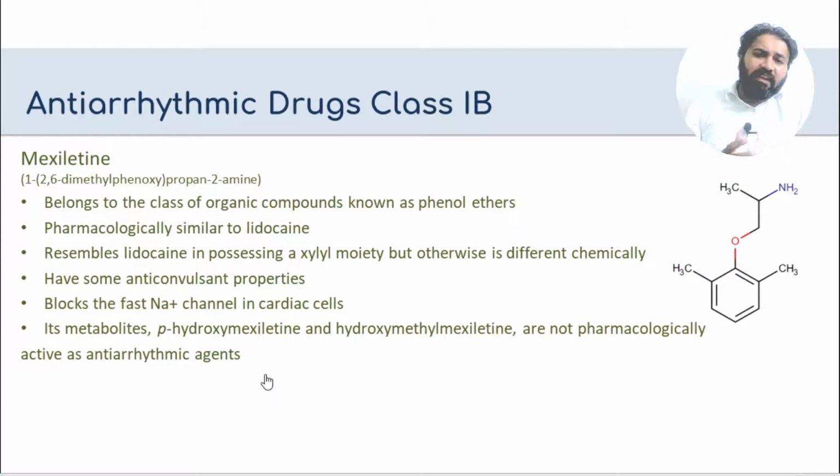Mexiletine hydrochloride, being part of the class 1 antiarrhythmics, blocks the fast sodium channels in the cardiac cells, and it is especially effective on the Purkinje fibers in the heart. It is used for long-term oral prophylaxis of ventricular tachycardia.